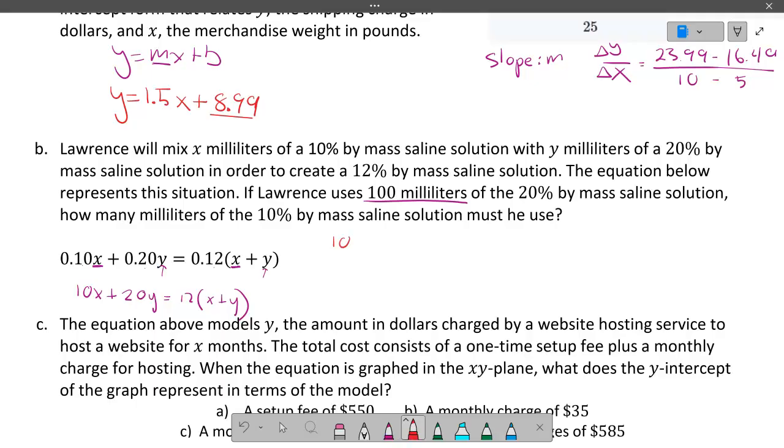So we've got x is what we're solving for. 20 times 100, 12x plus 100. Now what?